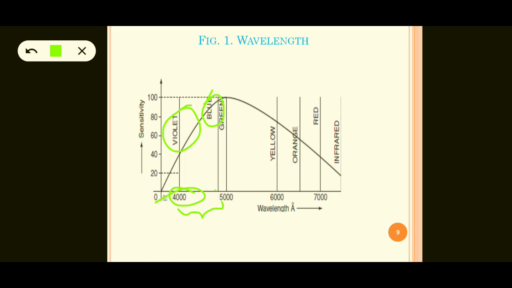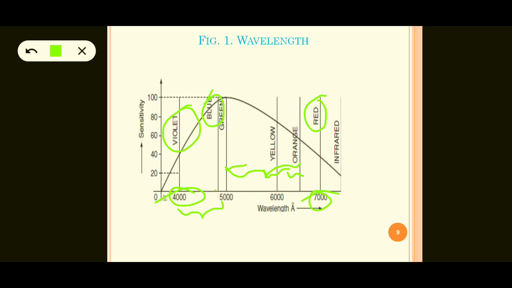And see this one, red is the long wavelength. Here blue and violet are the short wavelengths. Red is the long wavelength. Orange, yellow, green are the middle of the visible region of wavelength.